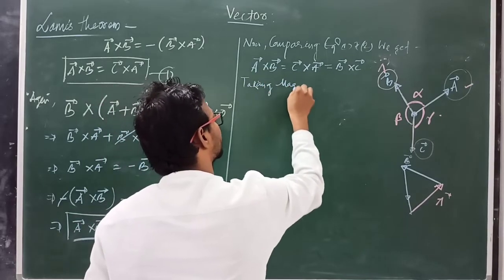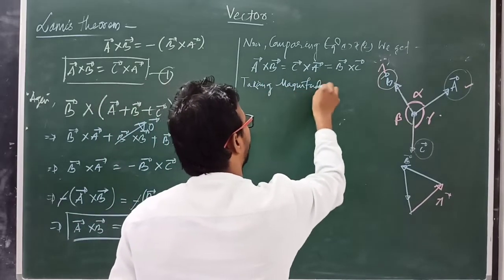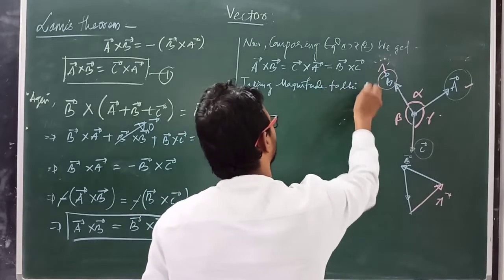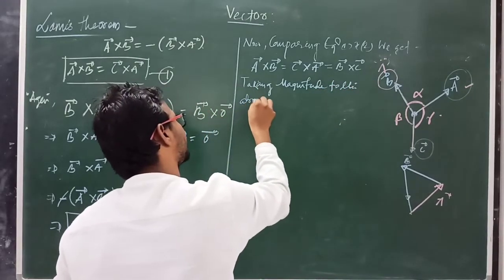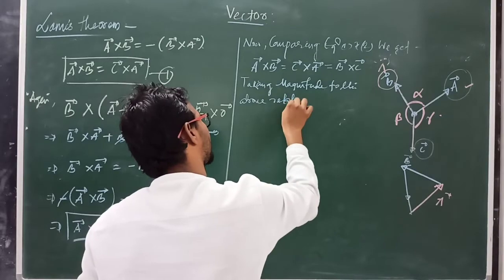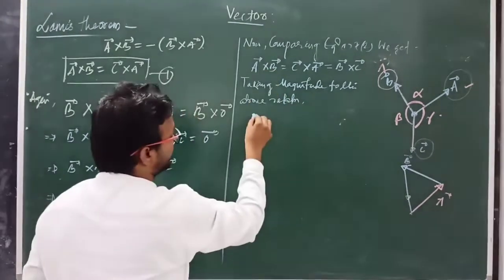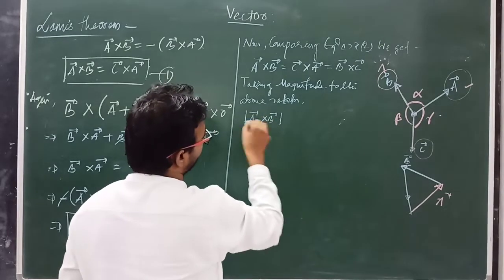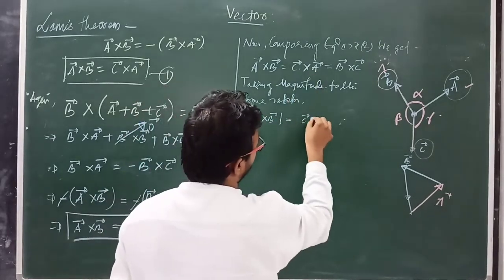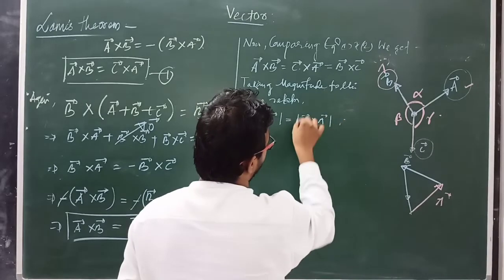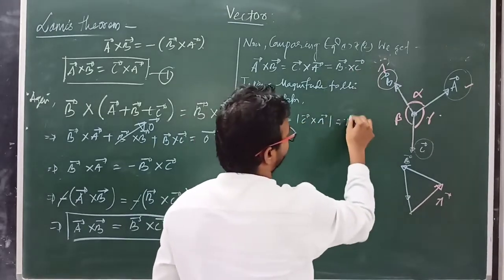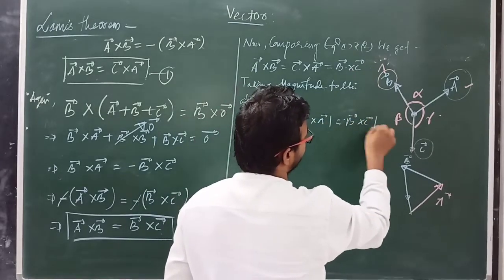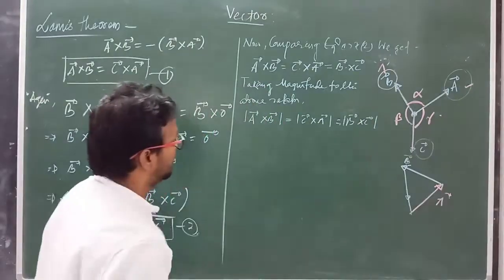Taking magnitude of the above relation, if you take magnitude then you will get the magnitude of A cross B equal to the magnitude of C cross A, equal to the magnitude of B cross C. Now solve this relation.